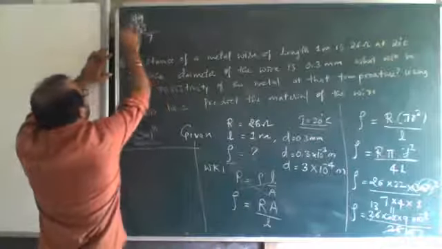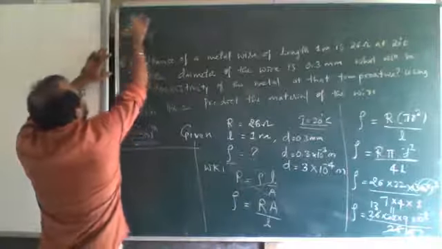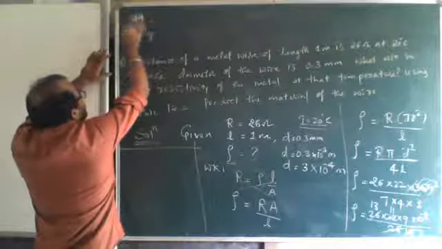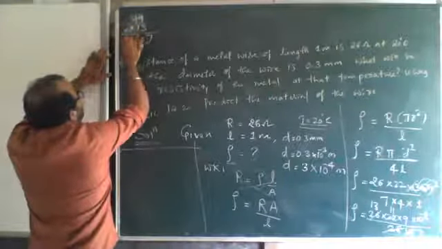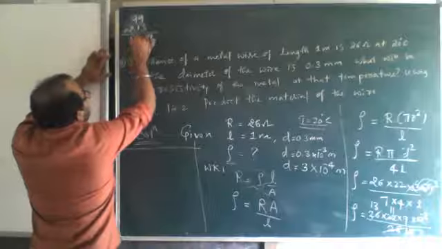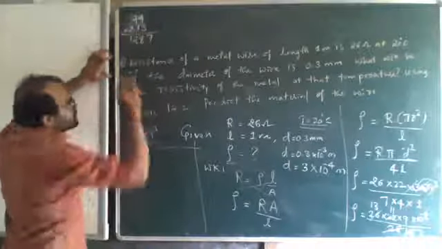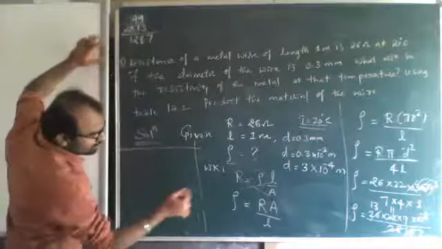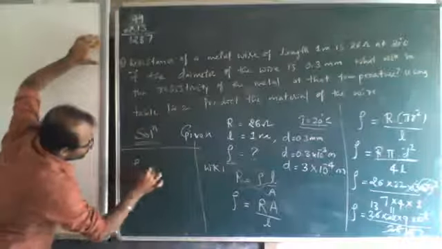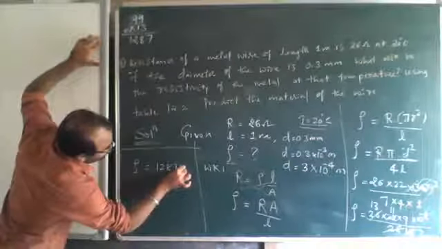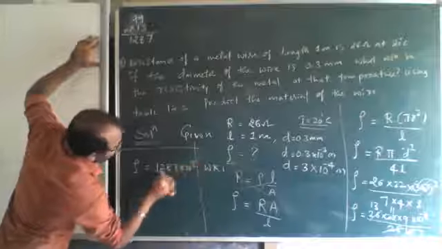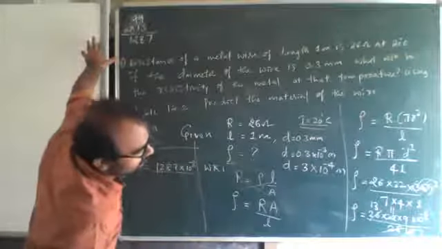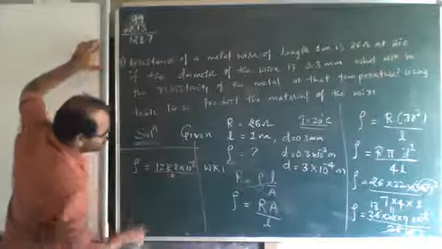So 7 I will keep, 11 carry. 13 nines are again 117, 117 plus 11, 128. So my rho will be 1287 into 10 to the power minus 8 divided by 7.